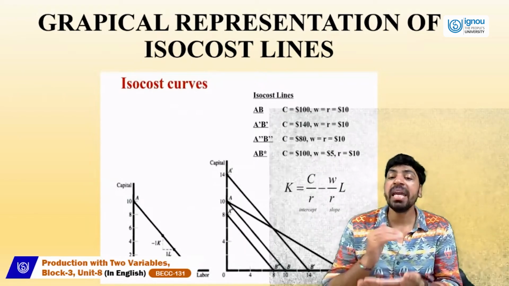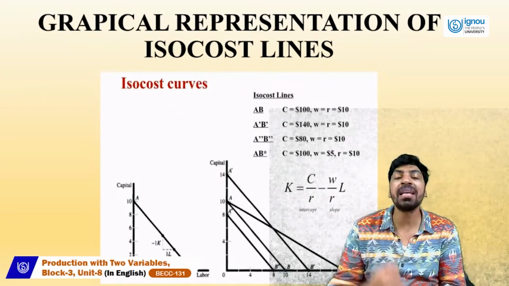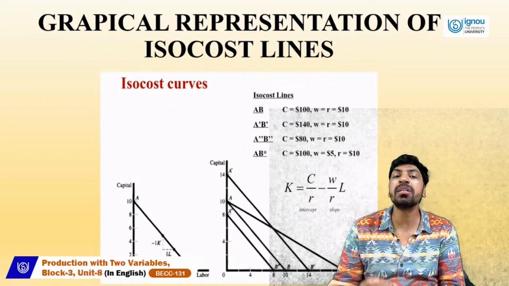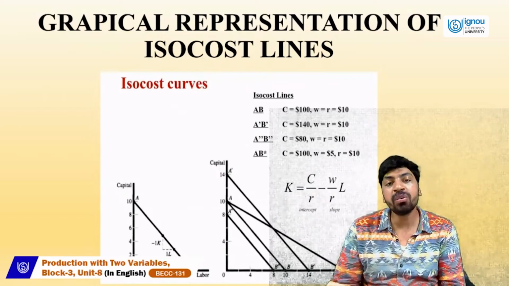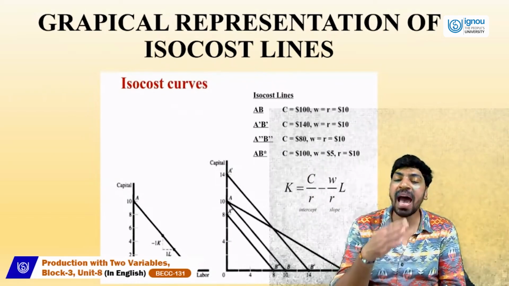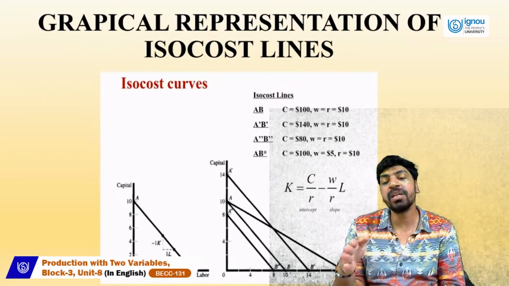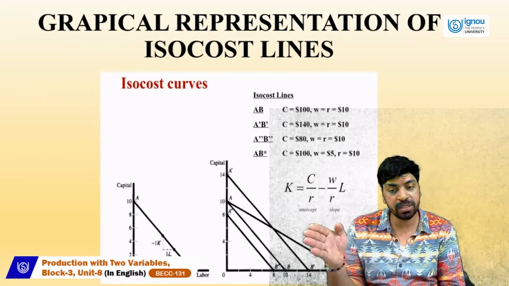I repeat, if there is any decrease in the prices, the isocost line will have a parallel outward shift.